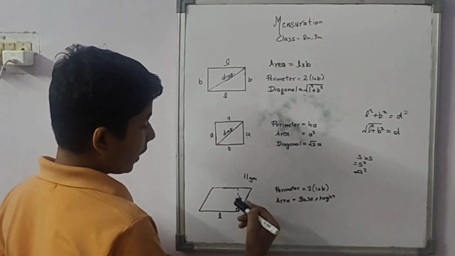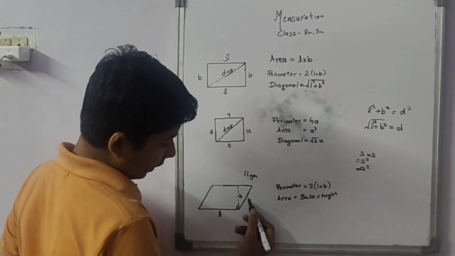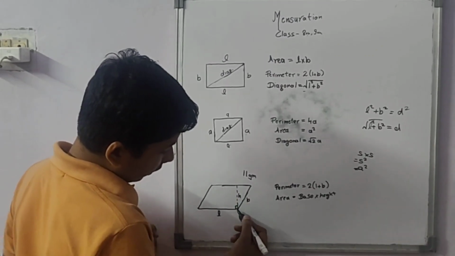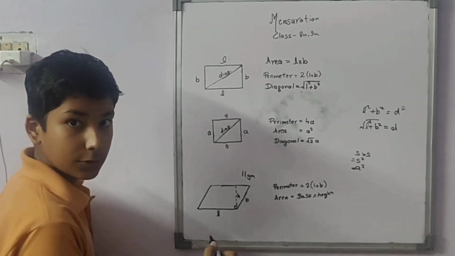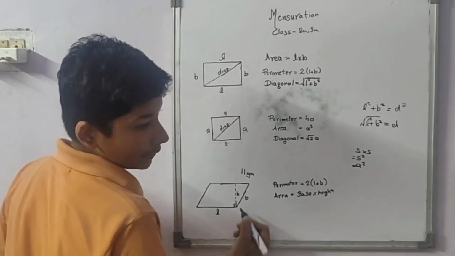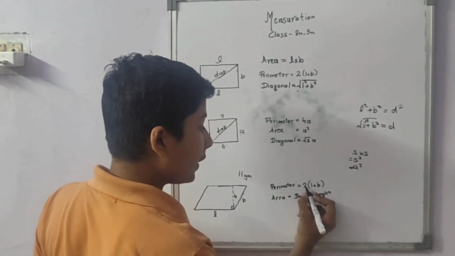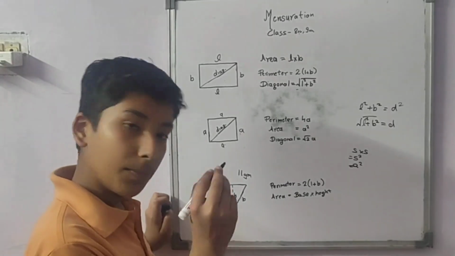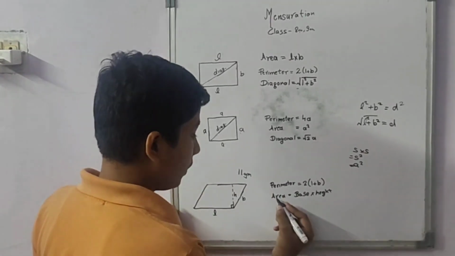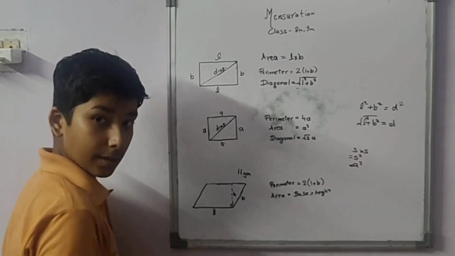So now what is the perimeter? Let's assume this side as L, this as B, and the straight line forming a 90 degree angle toward the other, it would be H. So perimeter will be 2 into L plus B as always, because rectangle is also a parallelogram. Now area, what will be area? Base into height.